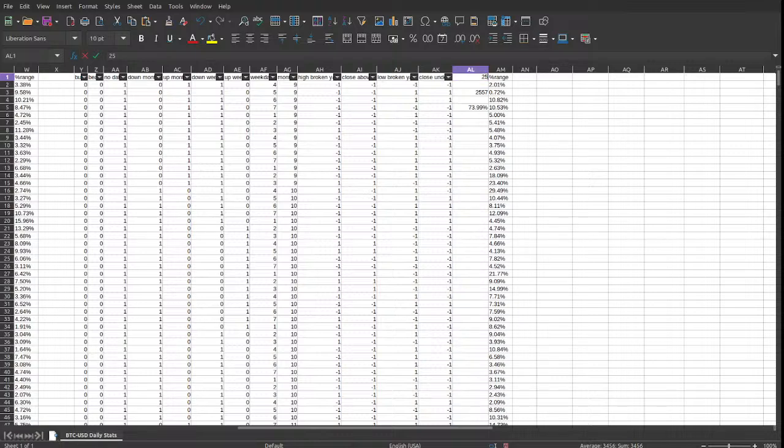2557. There we go. So this is during a bull market. It's taking the high.